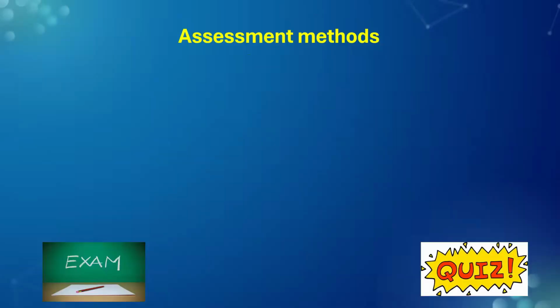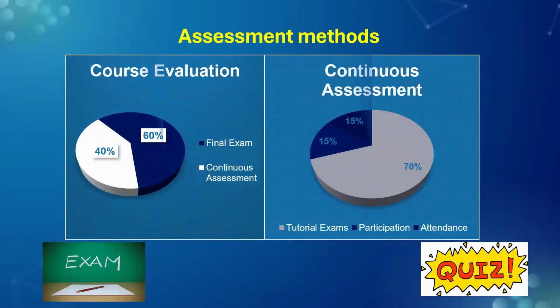Now let's go over how your performance in this course will be evaluated. As you can see in the first pie chart on the left, the final grade is made up of 2 components: the final exam, which accounts for 60% of your grade, and the continuous assessment, which makes up the remaining 40%.